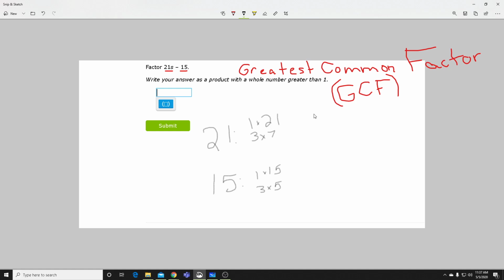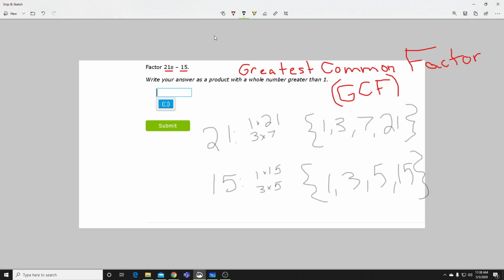Okay, so let's list off our set of factors. We have 1, 3, 7, 21, and then for 15, we have 1, 3, 5, 15.